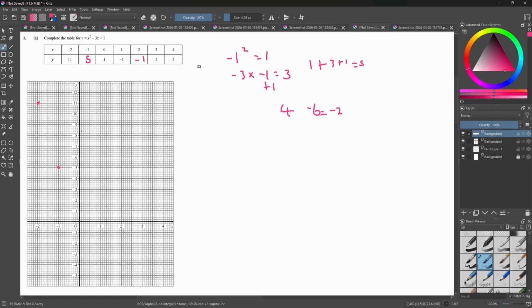When x is 0, y is 1. When x is 1, y is minus 1. And when x is 2, y is also minus 1. And when x is 3, y is 1. When x is 4, y is 5, etc.